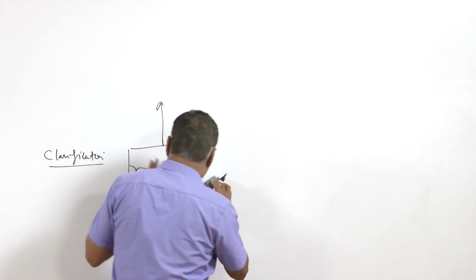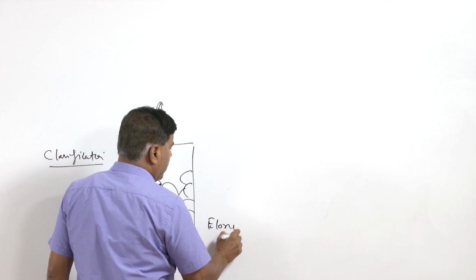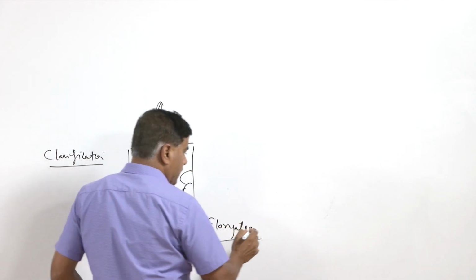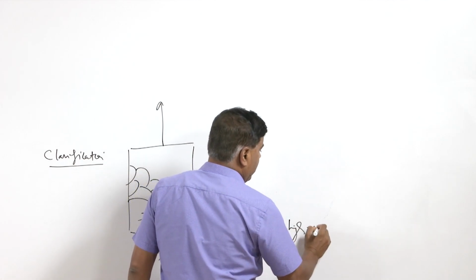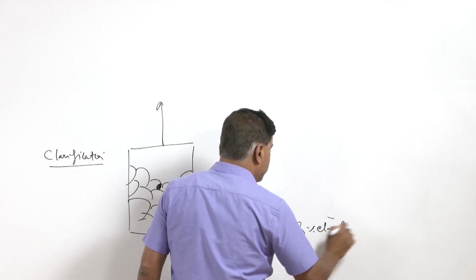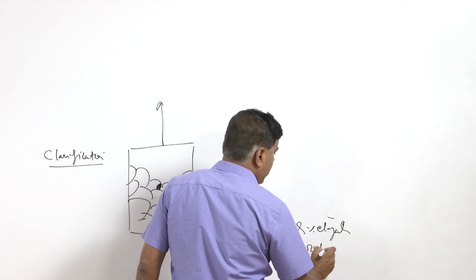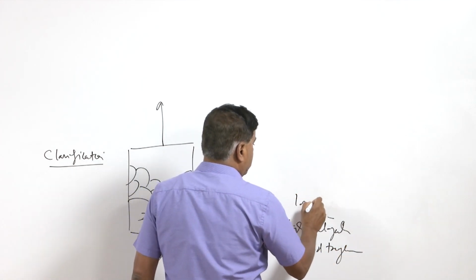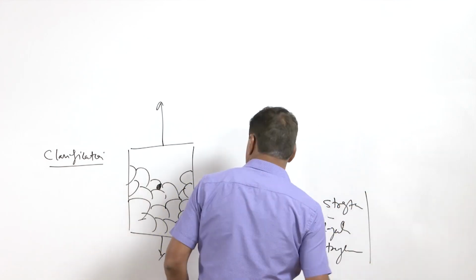So when we have such systems, it elongates significantly, offering high percentage elongation. It offers good ductility, good toughness, but maybe low strength of the material.